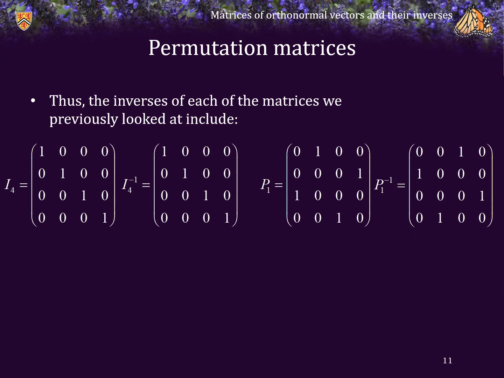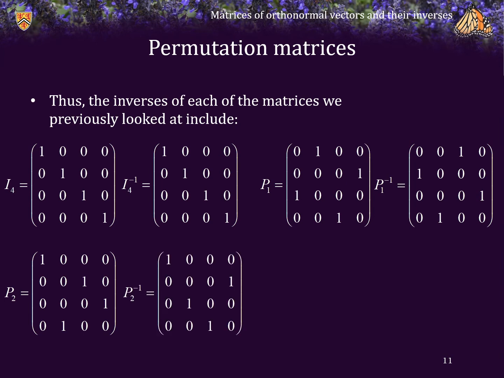And we can do that for the rest of the terms. (1,2) is 1, therefore (2,1) is 1 in the inverse. (2,4) is 1 in P1, therefore (4,2) is 1 in the inverse. (3,1) is 1, and therefore (1,3) is 1 in the inverse. And finally, (4,3) is 1 in P1, therefore (3,4) is 1 in the inverse.